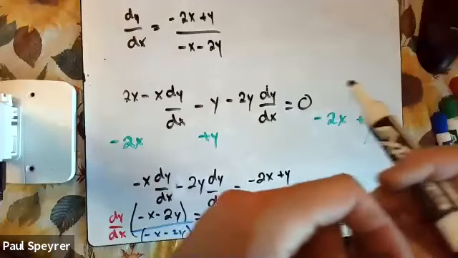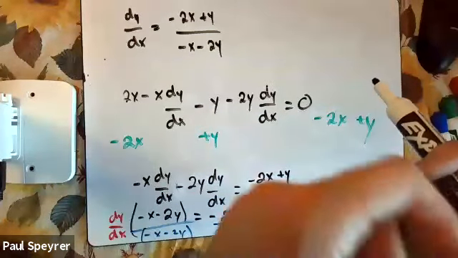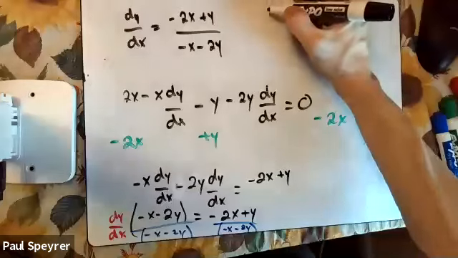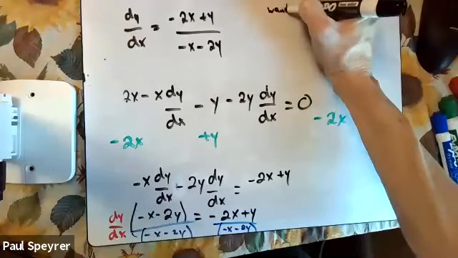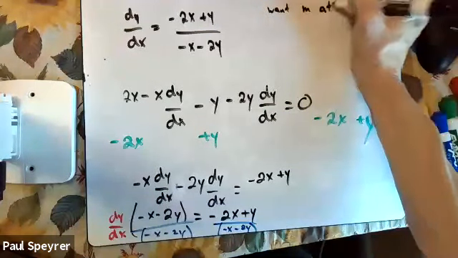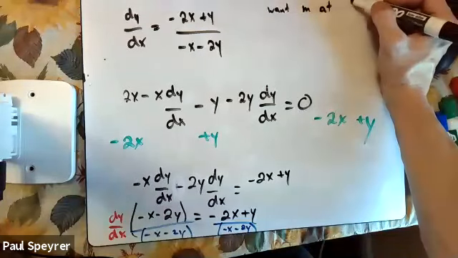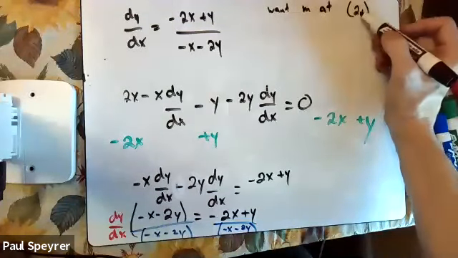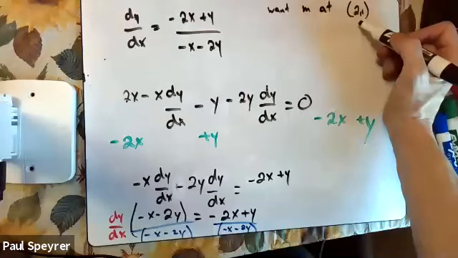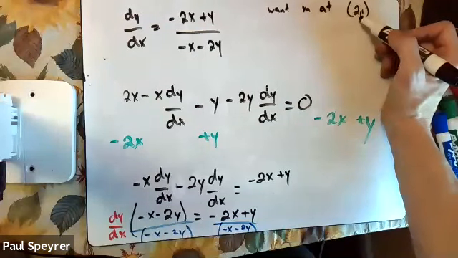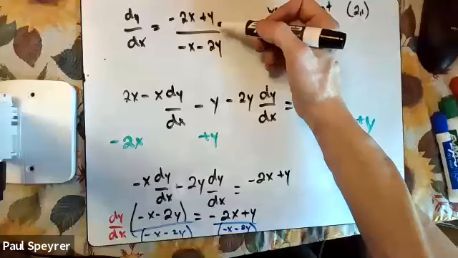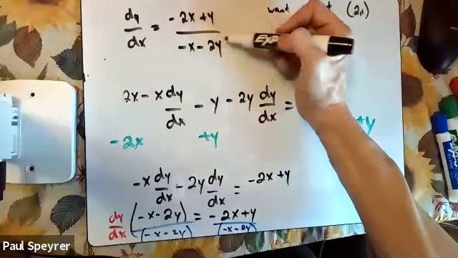But we want the slope at one specific point, right? We want m at, and they said, 2 comma 1. Remember, that's our x and y. So what are we going to do with that? We're going to plug in both of these values into here, right? Because now we have x's and y's to jam it into.